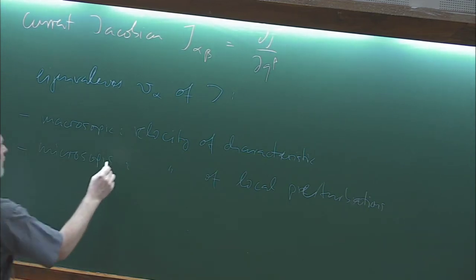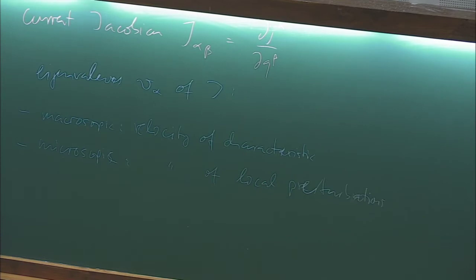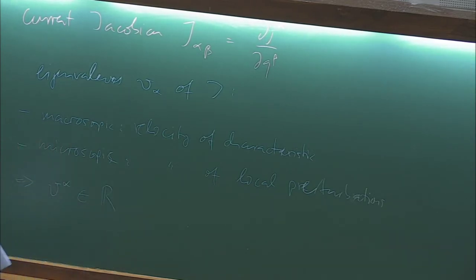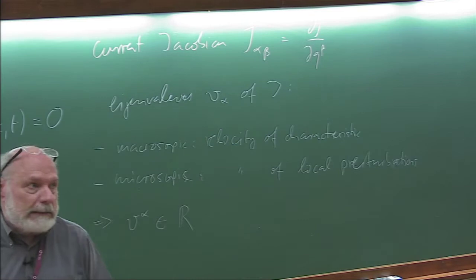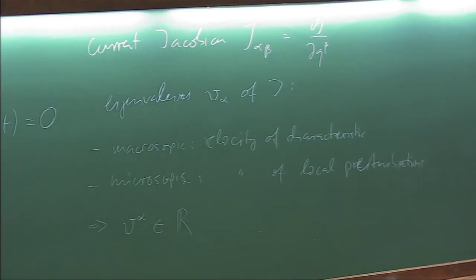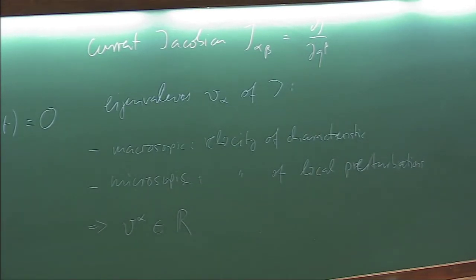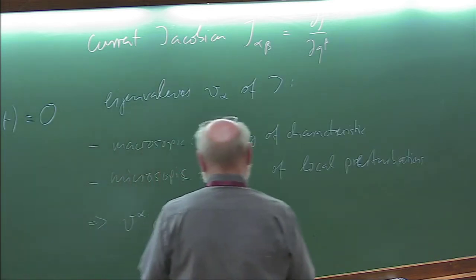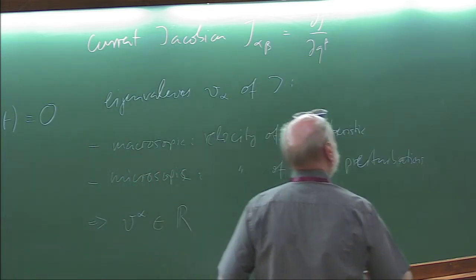Now, since these are velocities, they obviously have to be real numbers. So for a physical system, these v alphas have to be real. But it is not a priori clear that J has real eigenvalues. So there must be some underlying principle that tells us J has only real eigenvalues. And this comes from the following fact.